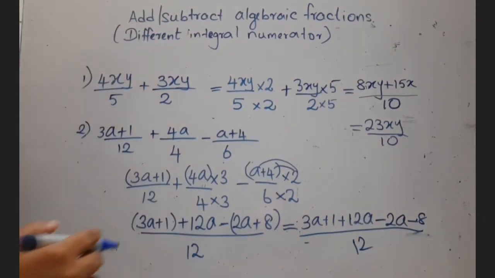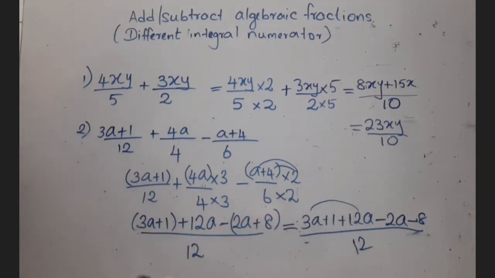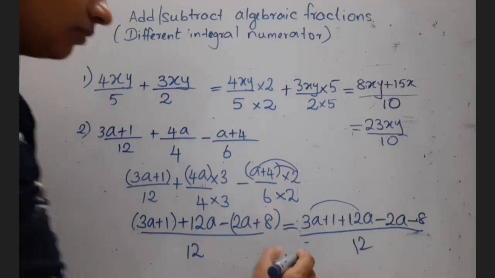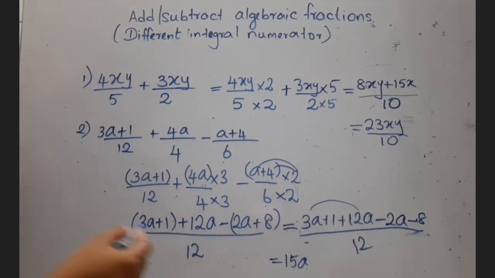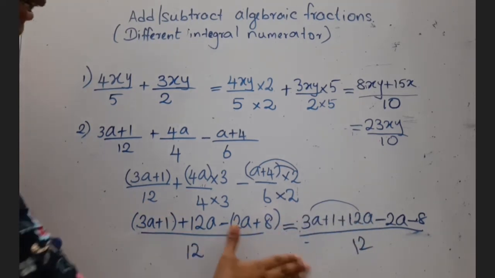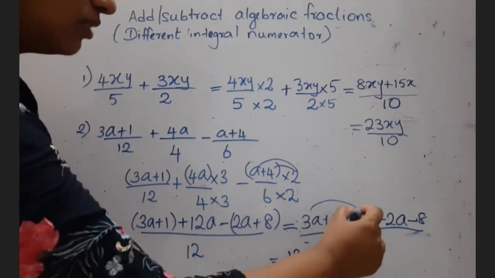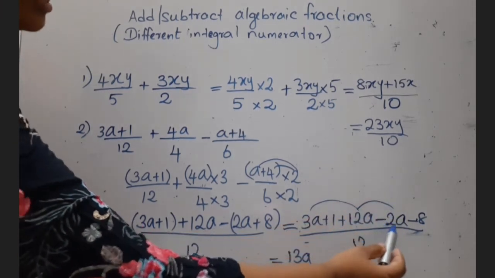So what is the answer? 3a plus 12a, like terms. So it is 15a. And we have another 2a in here. Am I right? So 15 minus 2 will become 13a. See, can you see there are 3 like terms? 3a, positive 12a, and negative 2a.